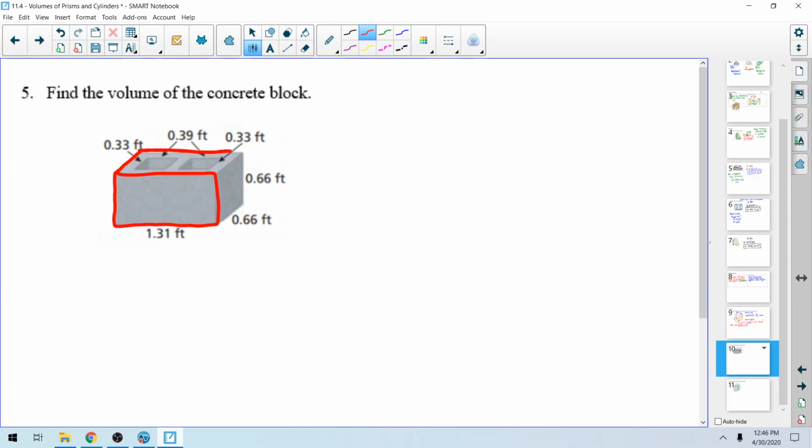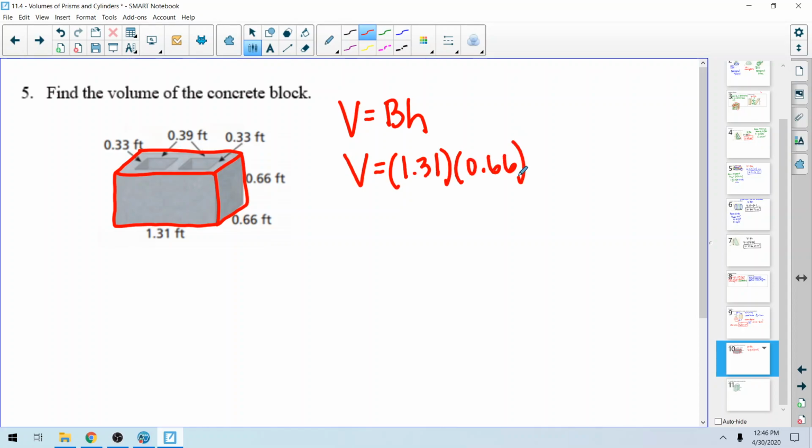Okay, a rectangular prism, area of the base times the height. So area of the base, I'm looking at 1.31 times 0.66. Length times width times the height, 0.66, which is right there.